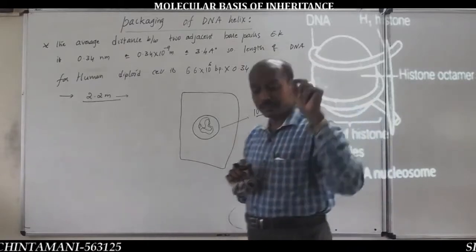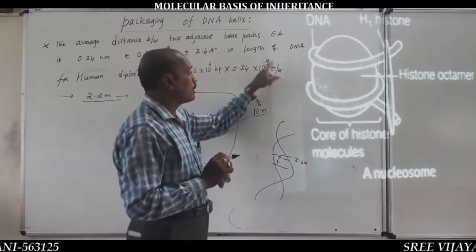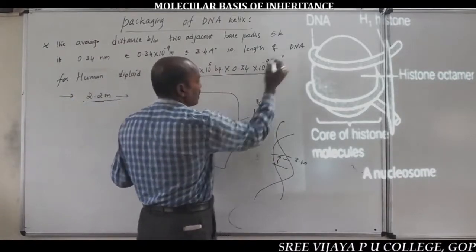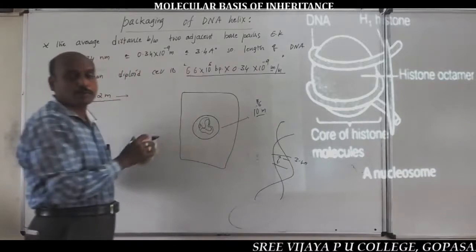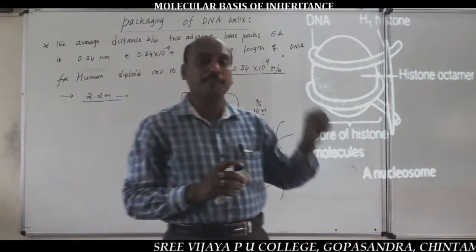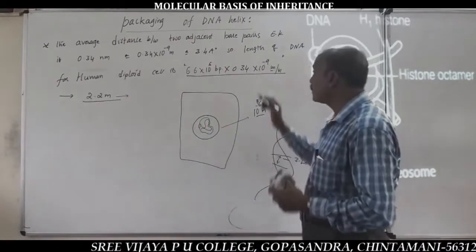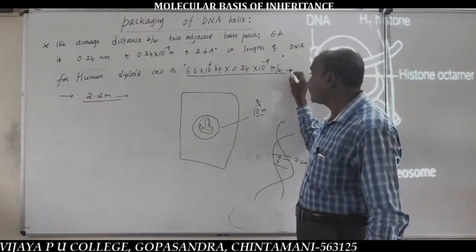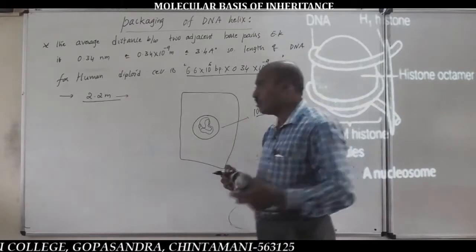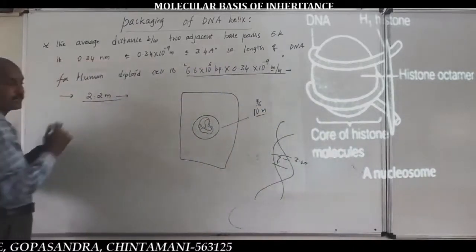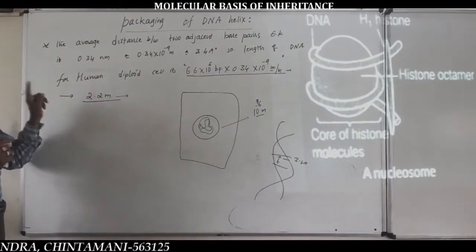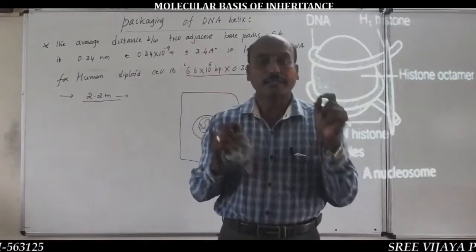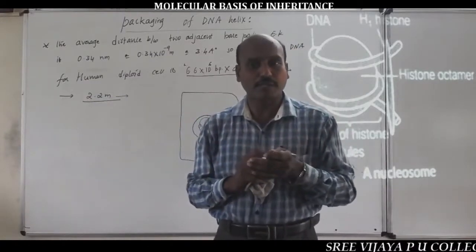So, the length of the DNA for the human diploid cell, very important for CET question, is 6.6 into 10 to the power of 9 base pairs multiplied with 0.34 into 10 to the power of minus 9 meters per base pair. So, this value after calculation will come around 2.2 meters. So, the length of the DNA in each diploid cell in man is 2.2 meters. You should remember this statement.